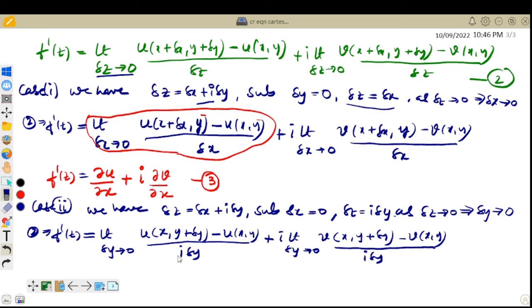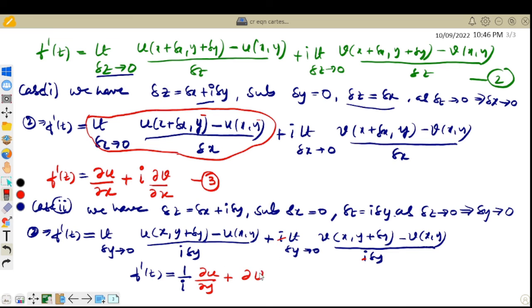Here you can take 1 by i outside. f dash of z is equal to 1 by i outside, and the remaining becomes the partial derivative of u with respect to y, that is dou u by dou y, plus here i and i get cancelled, the remaining becomes dou v by dou y.